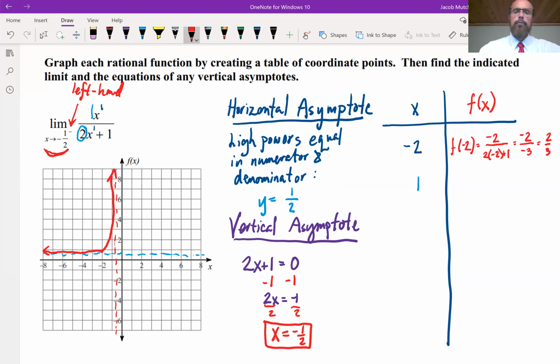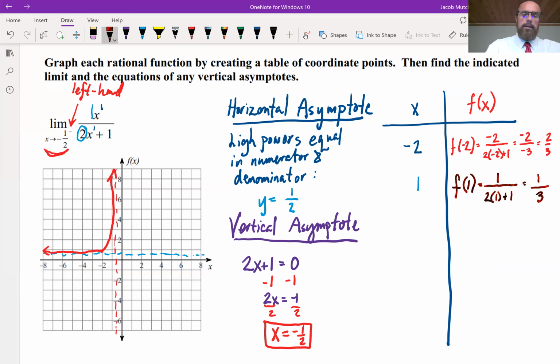Let's do the same for the y value at +1. That one's on the right side of the vertical asymptote. So again, just substituting in 1 for any x, so it's 1 over 2 times 1 plus 1. And that's going to reduce to 1 over 2 times 1 is 2, plus 1 is 3. So that's 1/3.